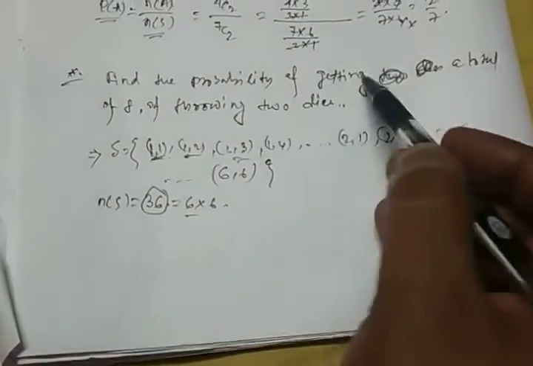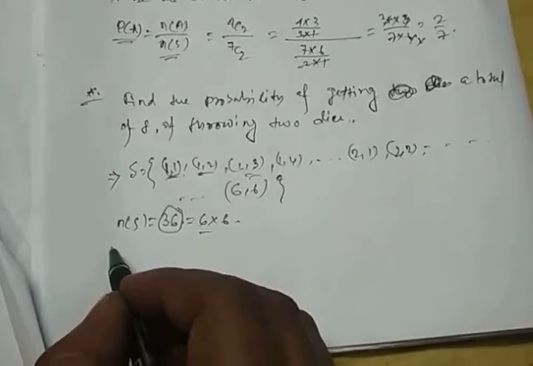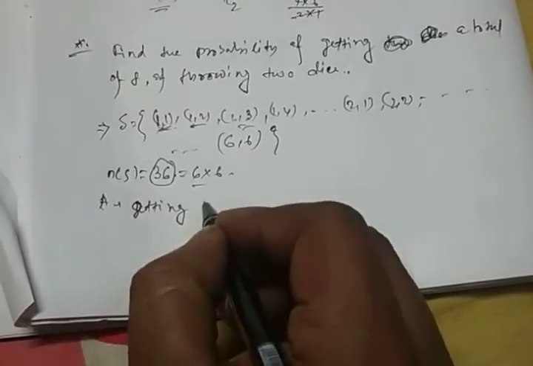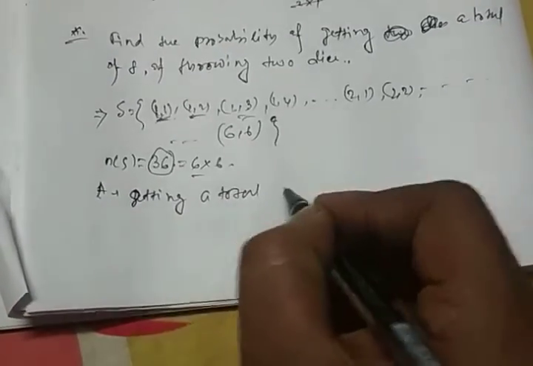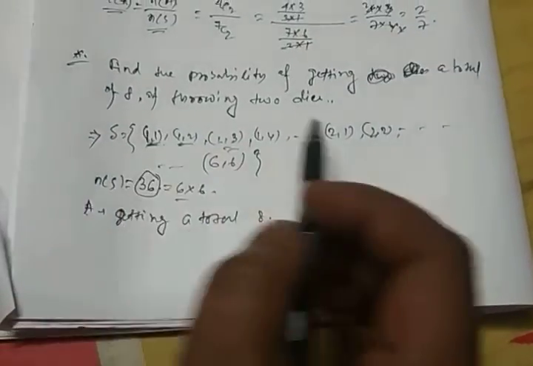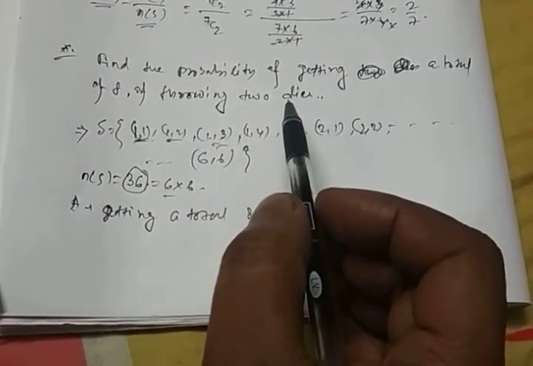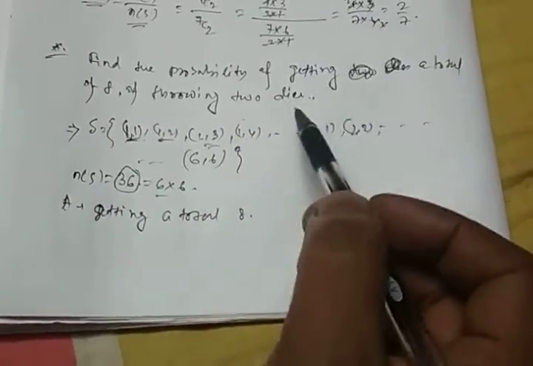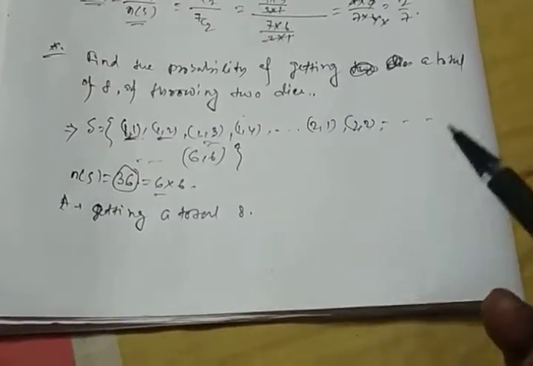We have to take an event to find the probability of getting a total of 8. So we will take an event A, be the event of getting a total of 8. Getting a total of 8 means the sum of the numbers given by the two dice will be 8.